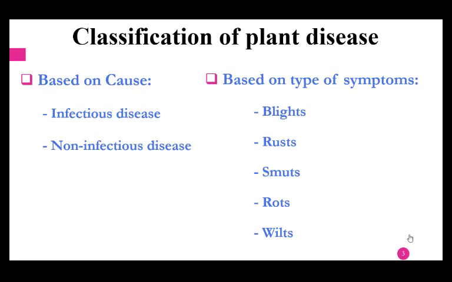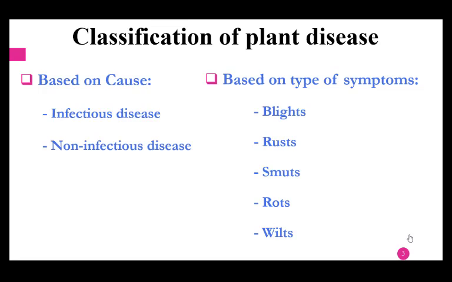But when the environment is unfavorable and the disease occurs, it cannot transmit the disease, so we call it non-infectious disease. So on the basis of cause, plant diseases are of two types: infectious and non-infectious.